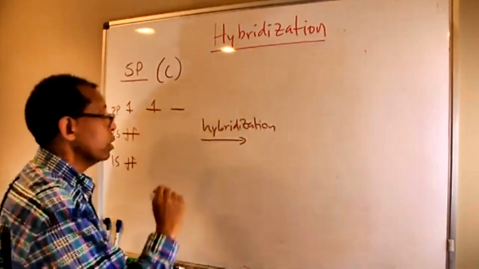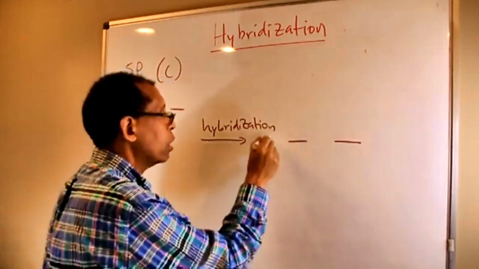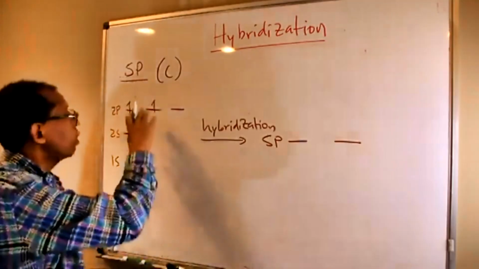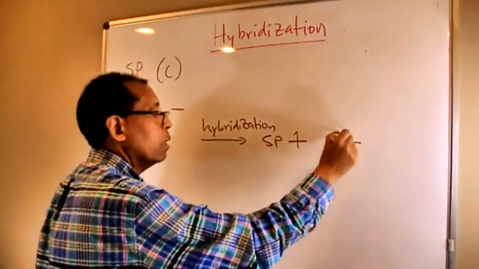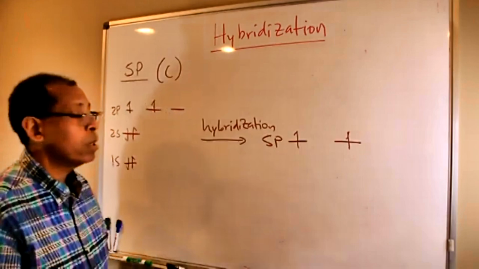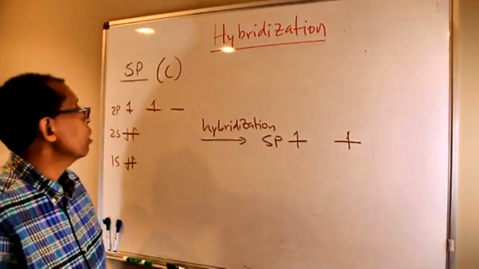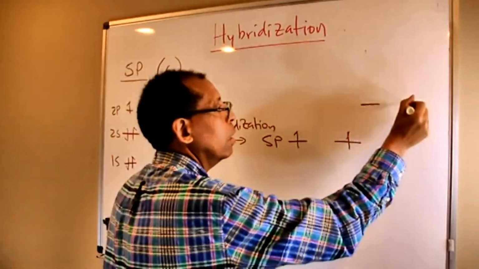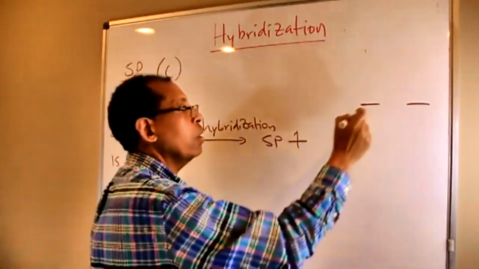The hybridization would give you 2 degenerate sp hybridized orbitals. That means one s and one p would hybridize, and they will contain 1 electron each. But remember, the unhybridized orbitals, which are the remaining 2 p orbitals, are at a higher energy level than the hybrid orbitals.